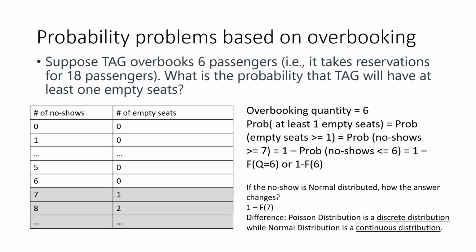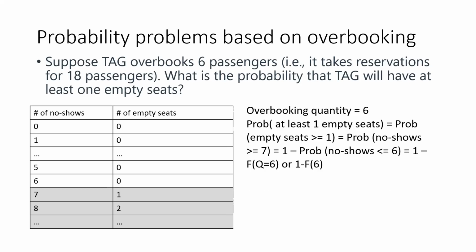And also, why is it not F7, it's F6. This is a Poisson distribution, and the Poisson distribution is a discrete distribution. If you visualize it, it's going to be discrete dots in the graph.